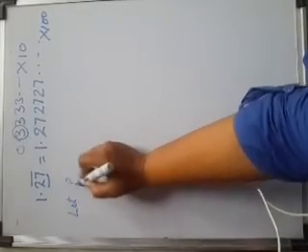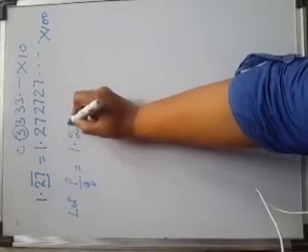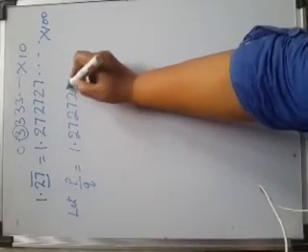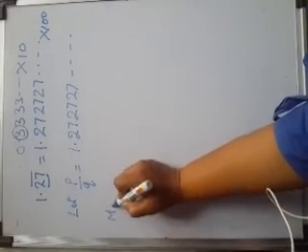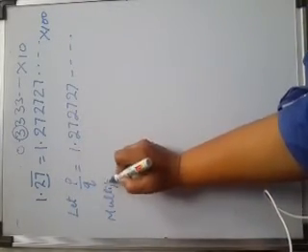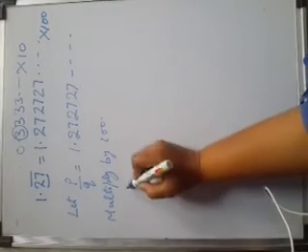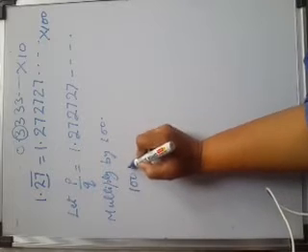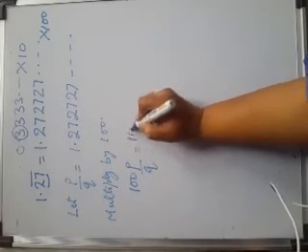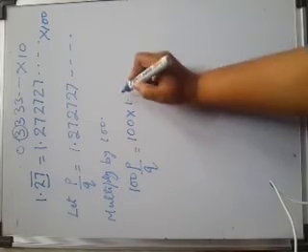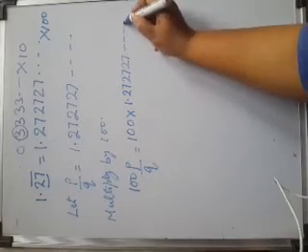Let P upon Q be equal to 1.272727, multiply by 100. So this comes out to be 100 P upon Q is equal to 100 into 1.272727 and so on.